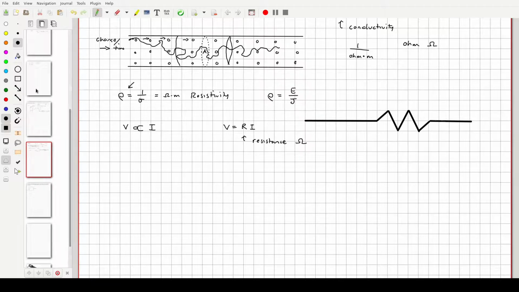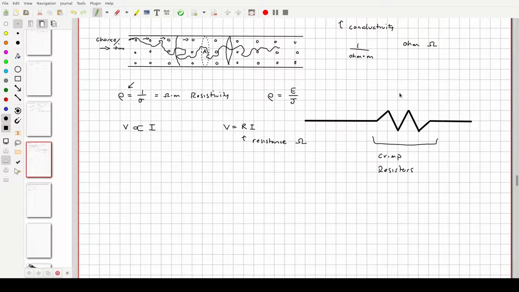So here, this symbol, this crimp, is the same symbol that we use for resistors. All resistors do is offer opposition to the flow of current. As a consequence, they eat up energy.